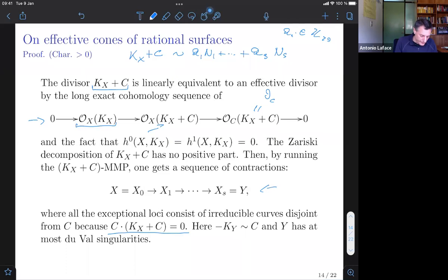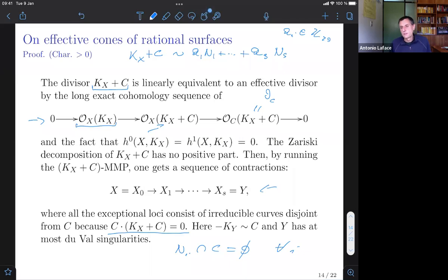Now, due to the fact that C was orthogonal to Kx plus C, so to all the Ni, this means that each Ni is disjoint from C. This is for all i.